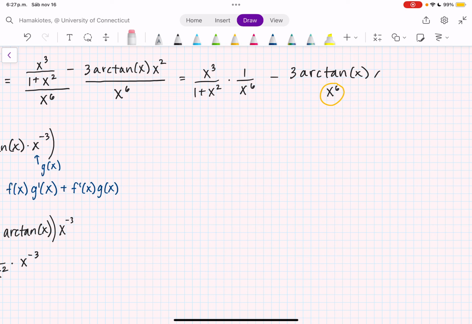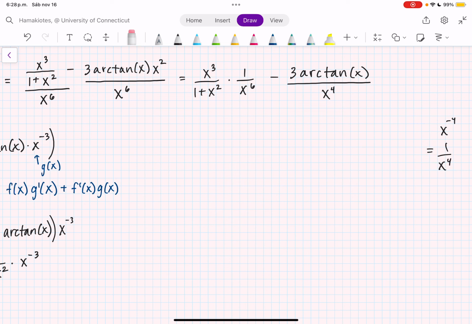So if we do the cancellation, we get minus 3 arctan of x over x to the 4th, because if we have x squared over x to the 6th, that's x to the 2 minus 6, which is minus 4, which is the same as 1 over x to the 4th.